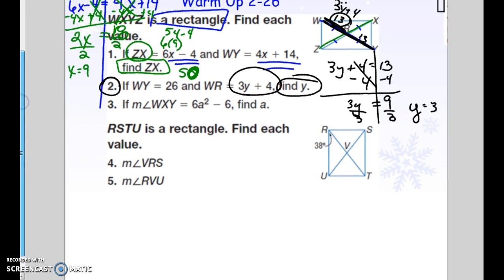Okay. Next one. Says the measure of angle WXY. How big is that angle? 90 degrees. It's a rectangle, right? So now I know that 6a squared minus 6 has to be equal to 90. Now what?